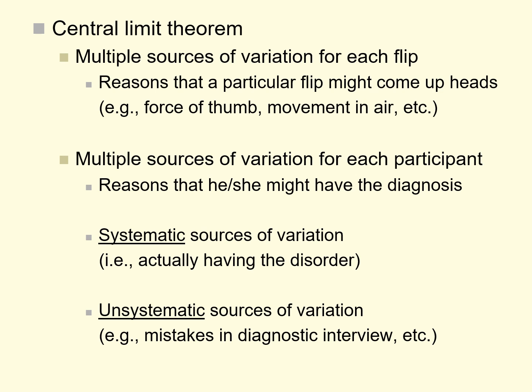It could be just mistakes made when entering data into the computer, etc. Those things, really having the disorder and all these other unsystematic sources of variation, will factor into whether a particular person comes up heads, so to speak, whether we give them the diagnostic label of having the particular disorder.